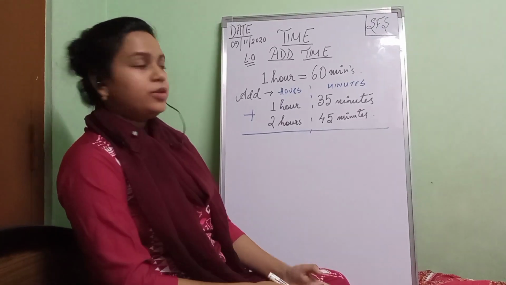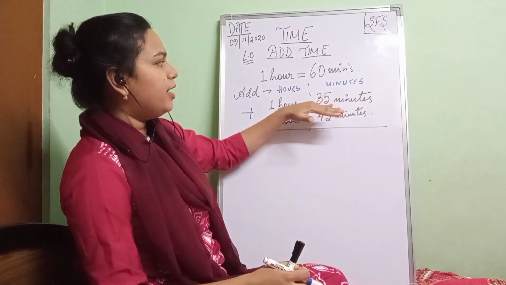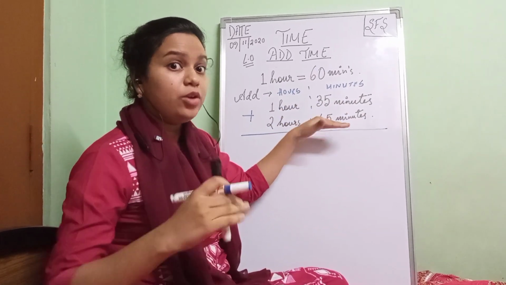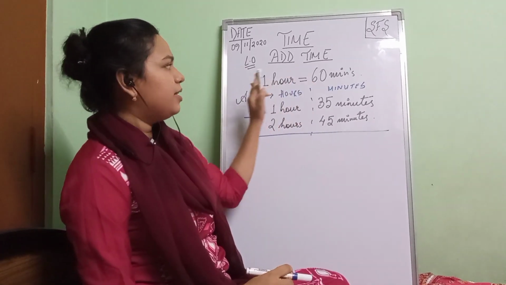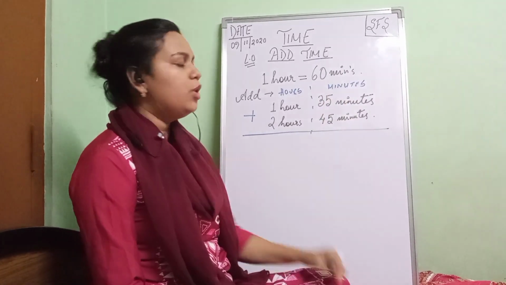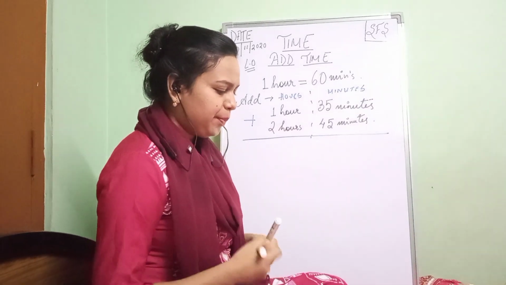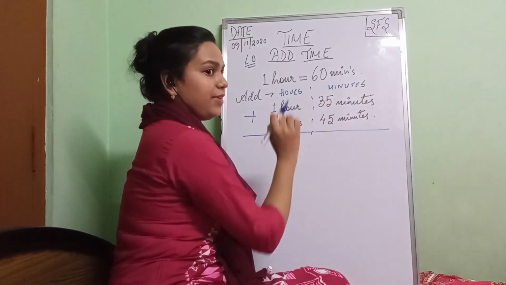Please notice, children, that 1 hour equals 60 minutes. So here 35 and 45 are all less than 60. They do not amount to an hour. After we have written the hours and the minutes separately, what do we do? We add them together from the right hand side. So if we add them together, 5 plus 5 is 10.